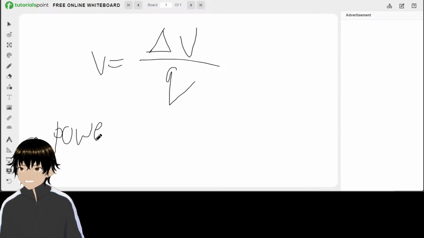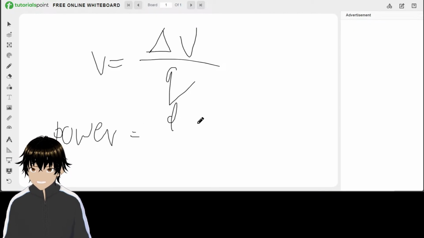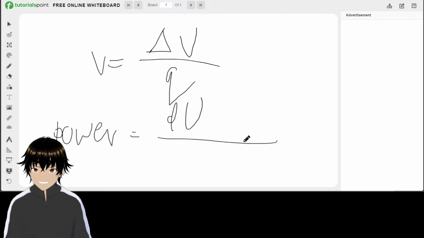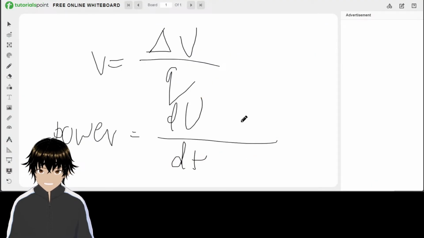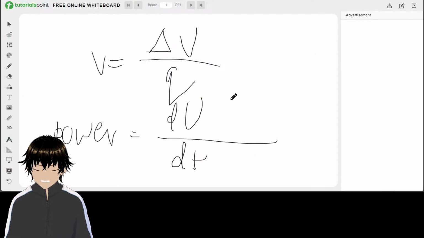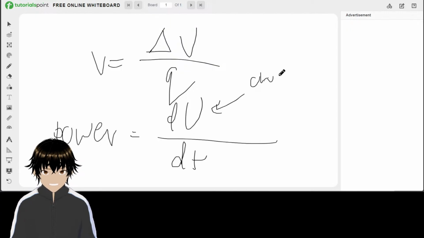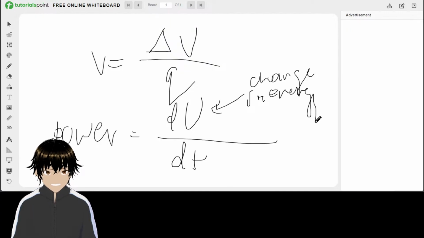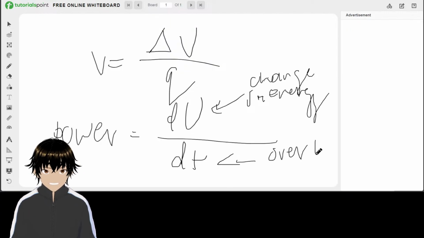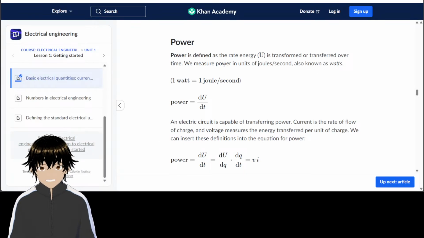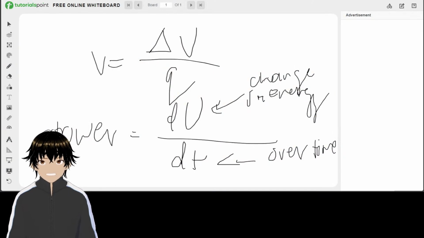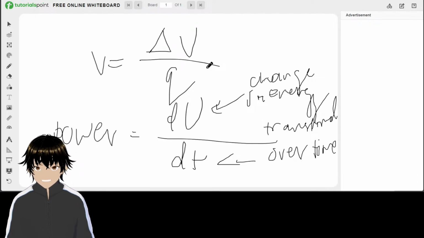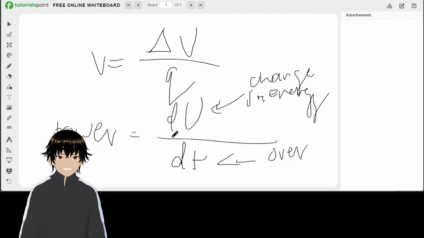It's basically change in energy over time, transformed or transferred over time.